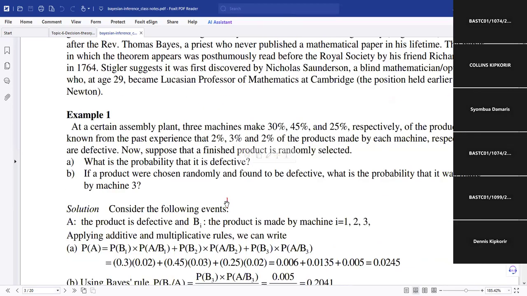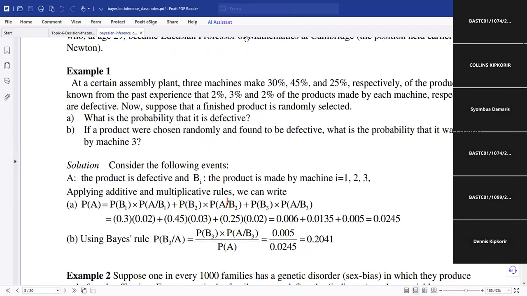Let's see an example on how Bayes' theorem can be applied. At a certain assembly plant, 3 machines make 30%, 45%, and 25% respectively of the products. It is known from past experience that 2%, 3%, and 2% of the products by each machine respectively are defective.